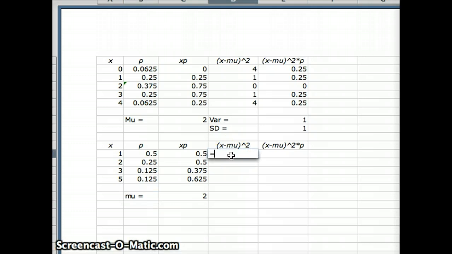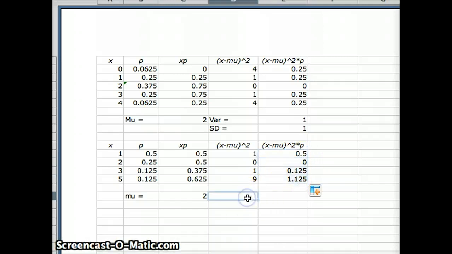To do this, we're going to say equals the x value minus 2 squared. And then we'll autofill all those down. And then we need that column times the p column. And then we'll autofill all those.